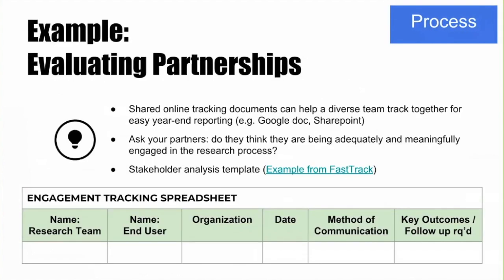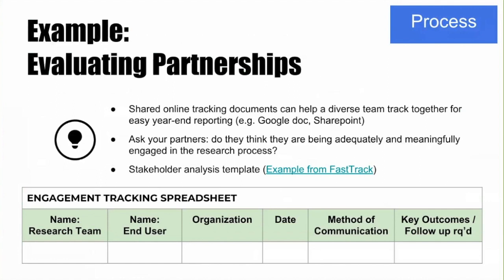So another specific example here is if you're trying to understand the impact of your research, you need to do more than just count up the number of people that you've talked to or the partners that you've engaged with. You also need to understand whether or not those partnerships are really effective at fostering this two-way communication to meet the needs of those people.